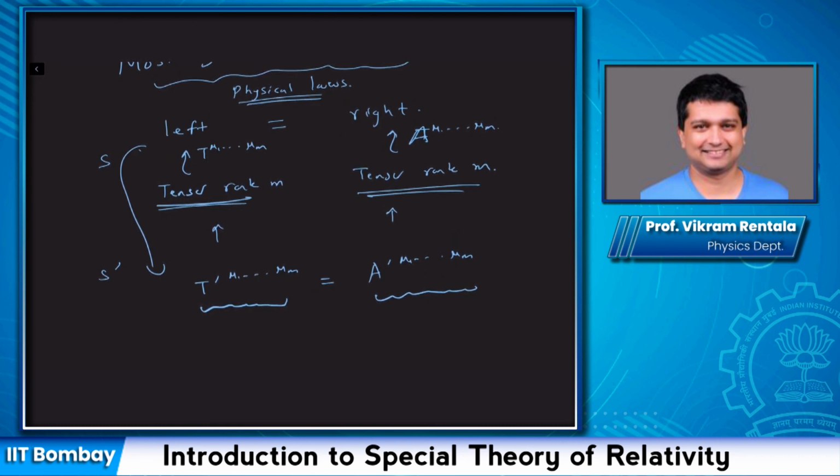Okay, so this will be a very important criterion for determining the nature of physical laws, and we'll see that Maxwell's equations satisfy this criterion. Newton's laws do not, and they have to be modified appropriately so that they respect the laws of special relativity, or the constancy of the speed of light.